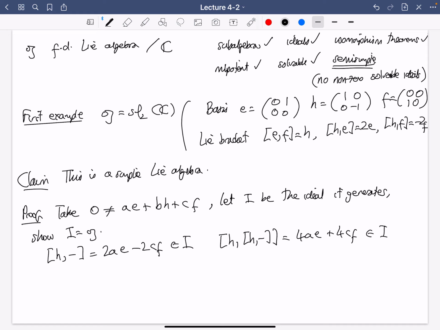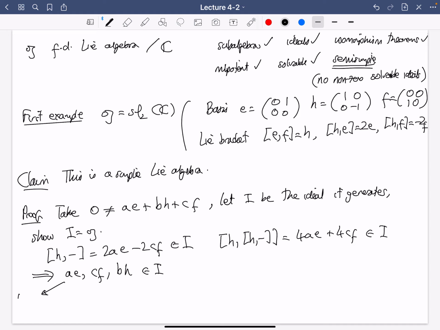That's in I. And then by summing or taking the difference in the obvious way, you deduce from that that AE and CF both belong to I. But if you've got AE and you've got CF, and of course we've got this thing as well, then BH is in I. Now, of course, some of A, B, and C could be 0, but at least one of them is non-zero.